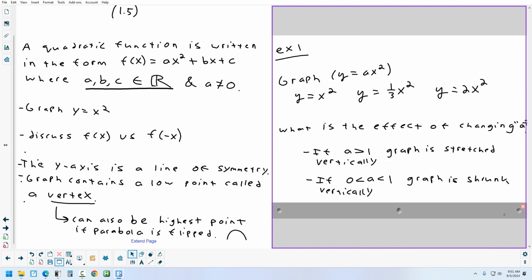So there's basically two cases. If A is greater than 1, that causes your graph to stretch vertically.